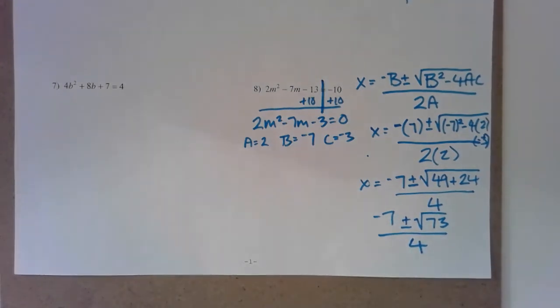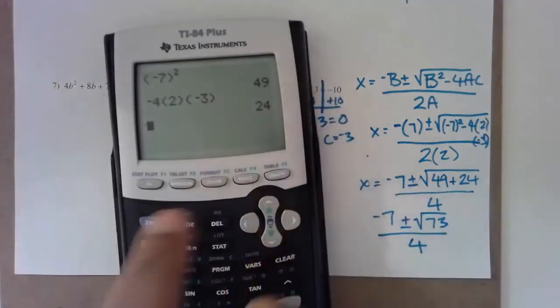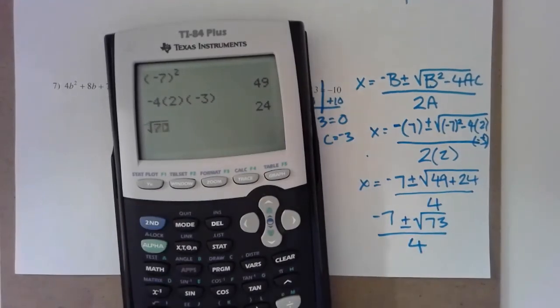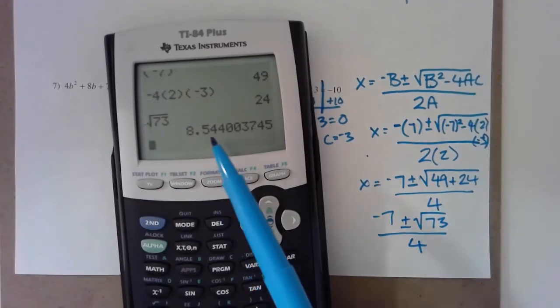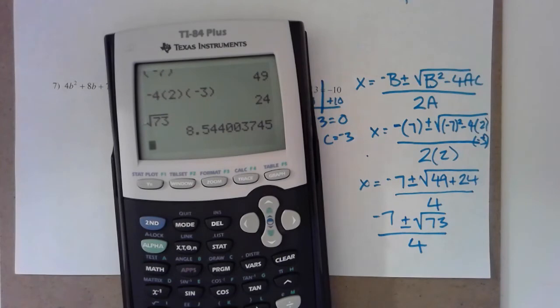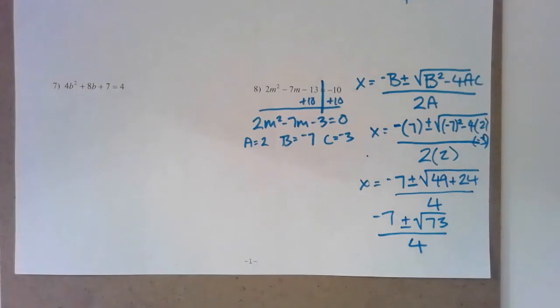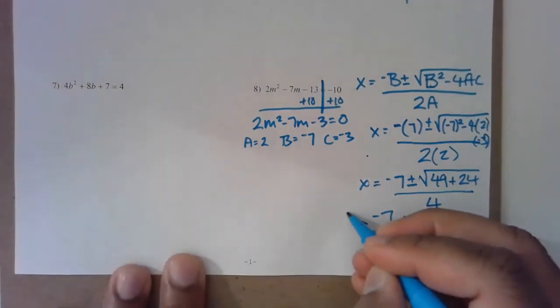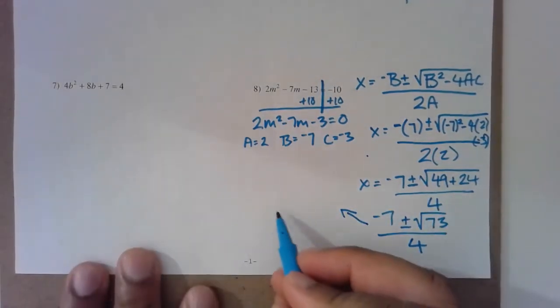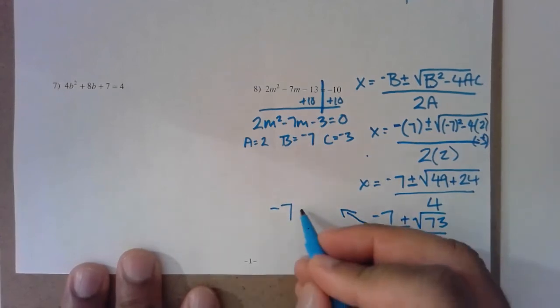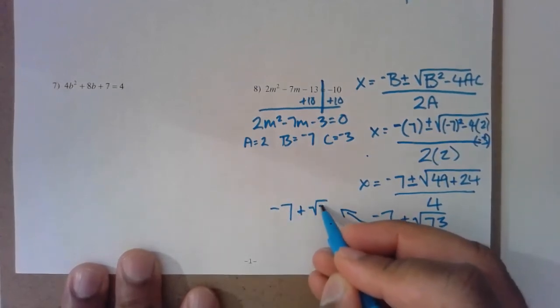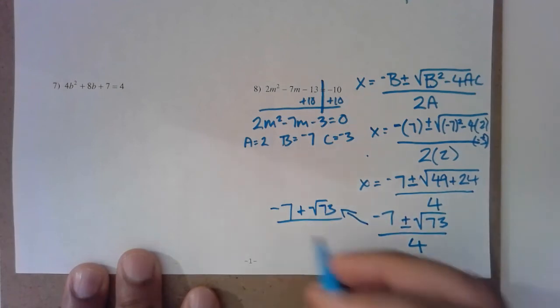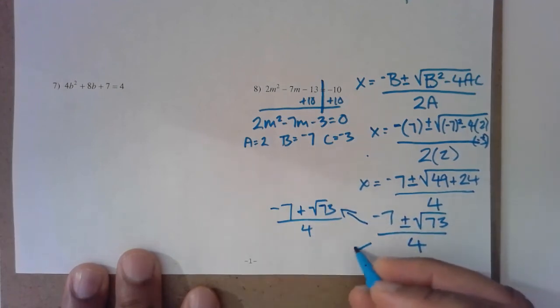Now, how am I going to write my final answer? Well, I could reduce this to a decimal. And if I did that in my calculator, the square root of 73, that would give me a decimal 8.54. But for this particular assignment, you don't have to do that. What am I looking for? Well, we can actually just split this apart. So we can just do -7 plus the square root of 73 over 4 is one of my answers.